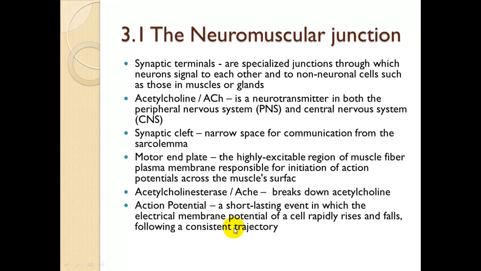Now an action potential is essentially the movement of electricity on the muscle cell. So what we get is, as we get that nerve stimulus, you need to move. The action potential initiates, shortens this muscle cell, and then this stuff here, acetylcholinesterase.